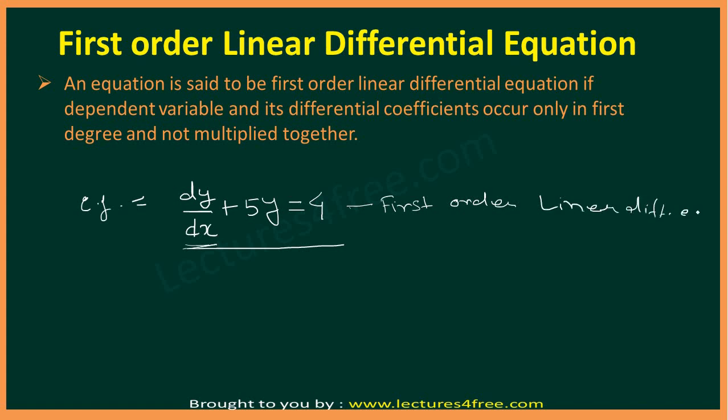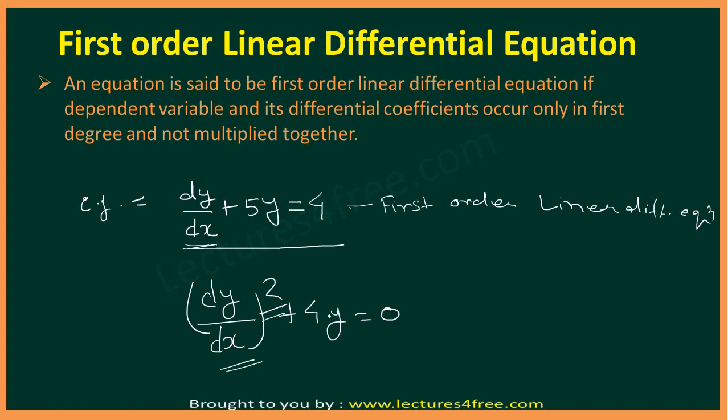If it is multiplied together, let's suppose it has a power of 2. Let's consider one more example: (dy upon dx) squared plus 4y is equal to 0. Here a square term is there, so it will not be a linear equation.